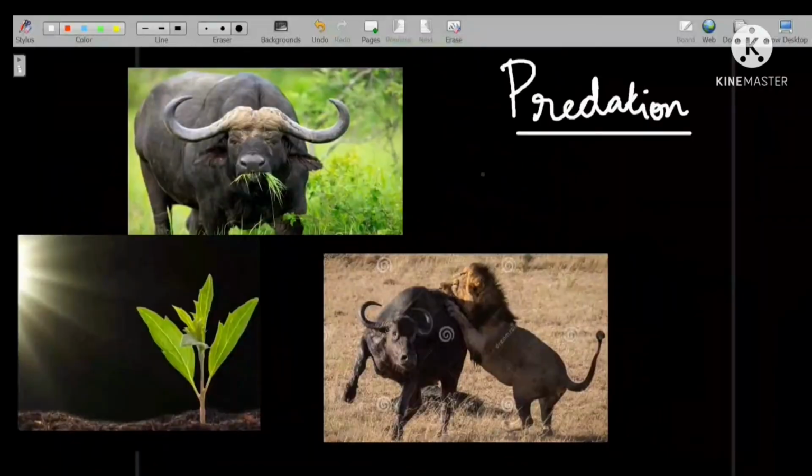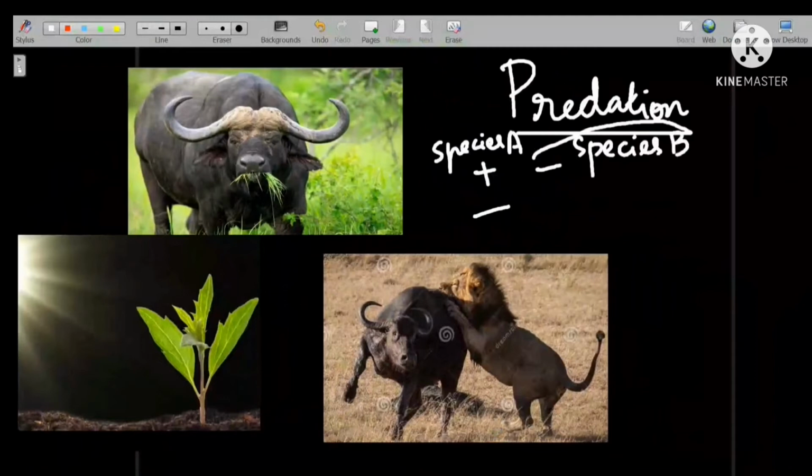Predation is a positive-negative type of interaction where species A gets the benefit and species B is getting harmed. So who is getting the benefit? They are called predators.